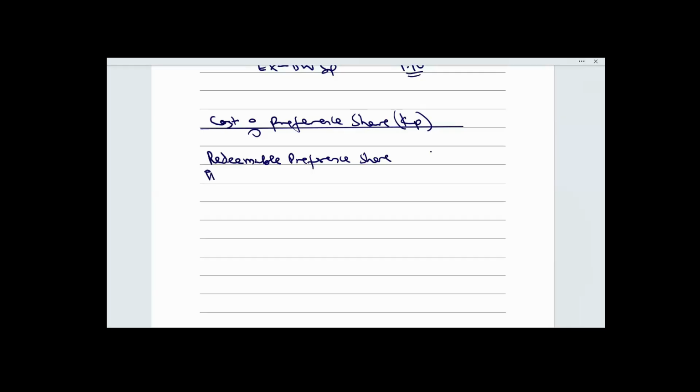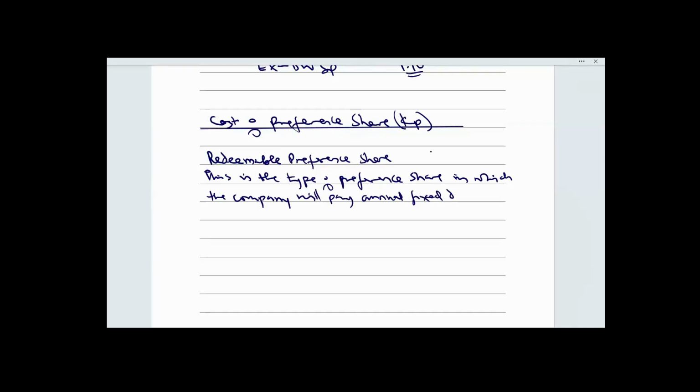This is the type of preference shares in which the company will pay annual fixed dividend and the principal at the maturity date.